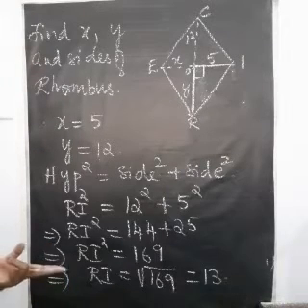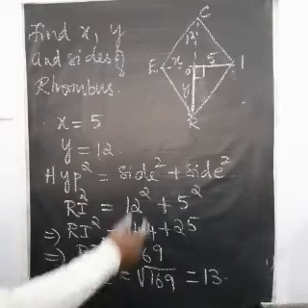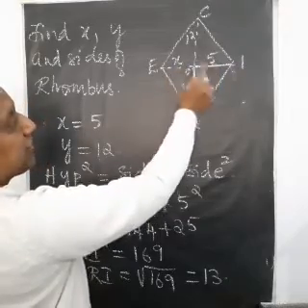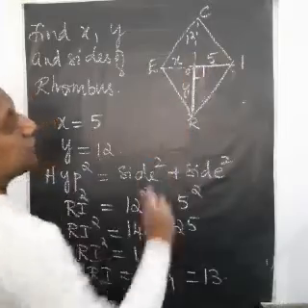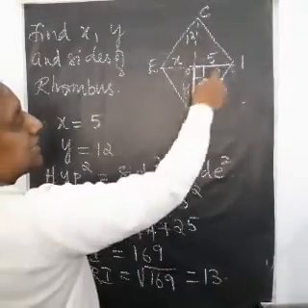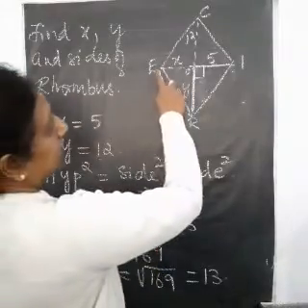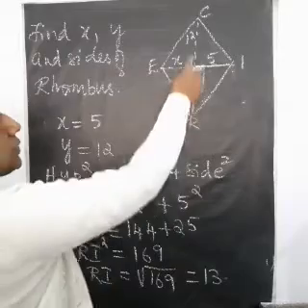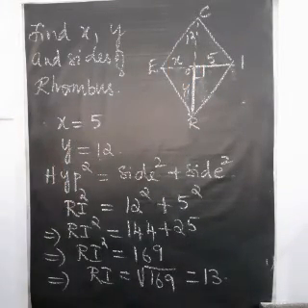If this is 5, x is equal to 5, because this diagonal is cutting the other into two equal halves. Similarly, this diagonal will cut the other into two equal halves, so y is equal to 12.